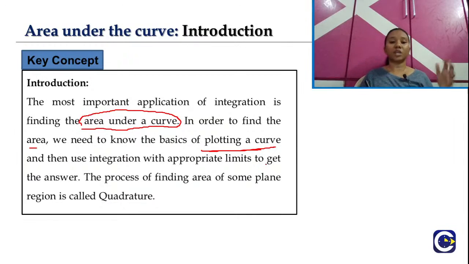Once we plot the curve, the next step is using integration with appropriate limits to get the answer. So first we plot the given curve, then we check the appropriate intervals, that is limits, and using those limits we find the integration that leads us to the answer, which is the area under the curve.